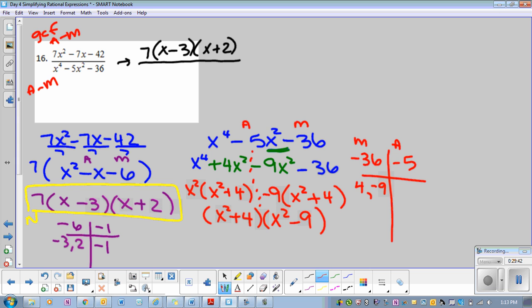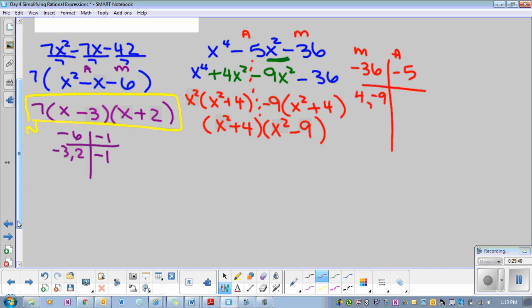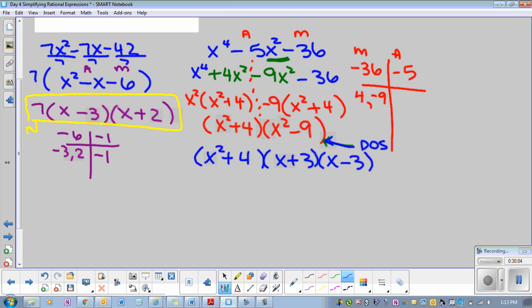You can factor the x squared minus 9, but you can't factor the x squared plus 4 because that's a plus. x plus 3, x minus 3, and then you have x squared plus 4. And this is my denominator.